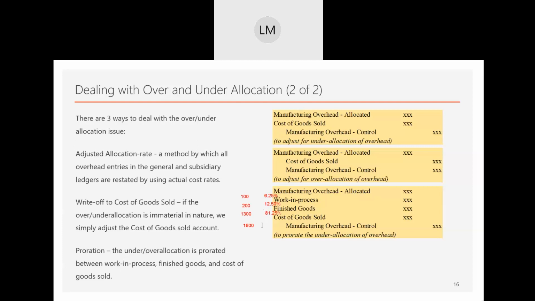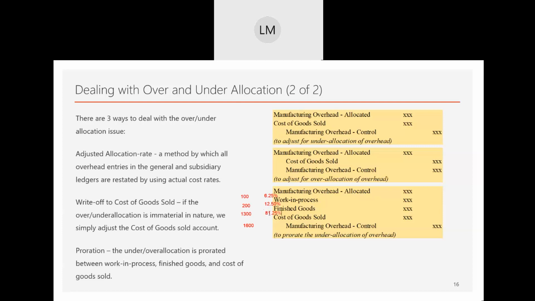So now here's an example. I've got my percentages, so I'm going to prorate the amount of overhead that's been under or over allocated, and then I'm either going to subtract that or add that amount to work in process.